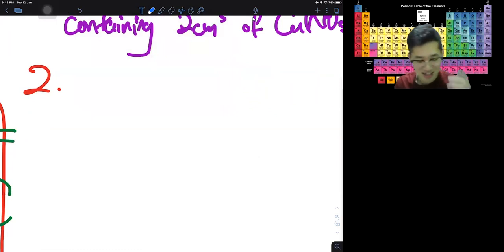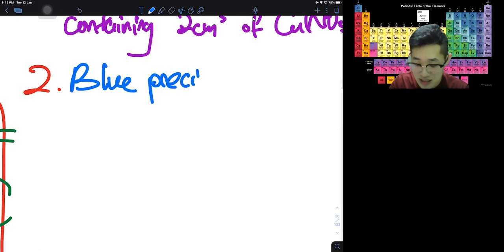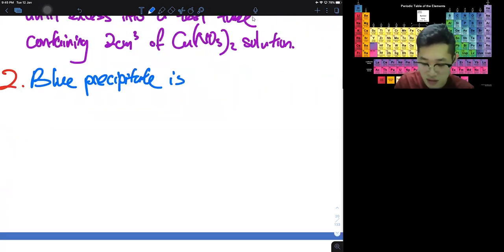Your answer is correct. Blue precipitate is formed.